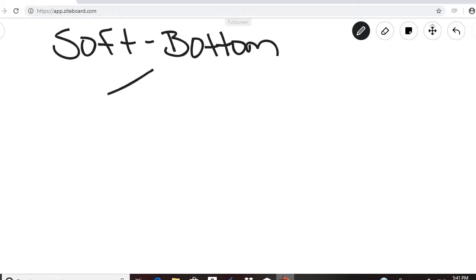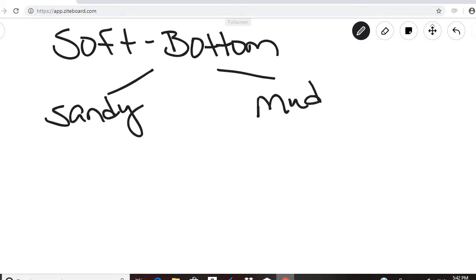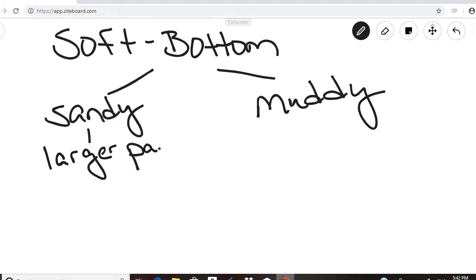In the soft bottom, the bottom itself can either be sandy or it can be muddy. We've seen this before when we were talking about estuaries. And so the difference really is that sandy is made up of larger particles, and mud is made up of smaller particles.